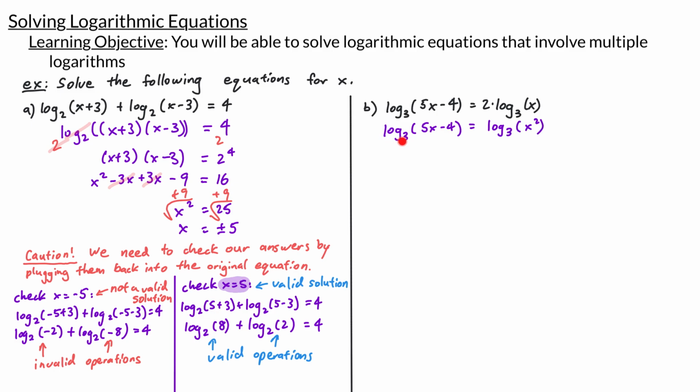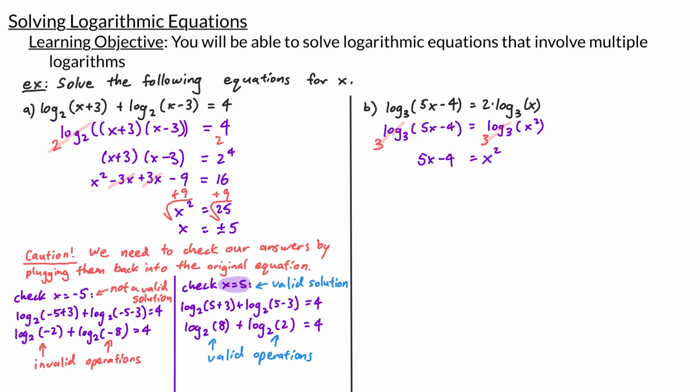Now, we see that the logarithm is the last operation being performed on both sides. So if we exponentiate now with base 3, that's going to cancel out both of the logarithms. And so our equation becomes 5x minus 4 is equal to x squared. We've now transformed our logarithmic equation into an algebraic equation.